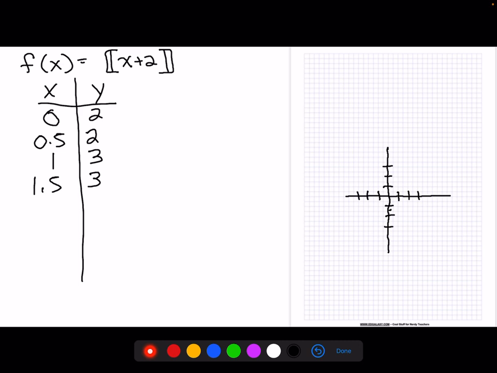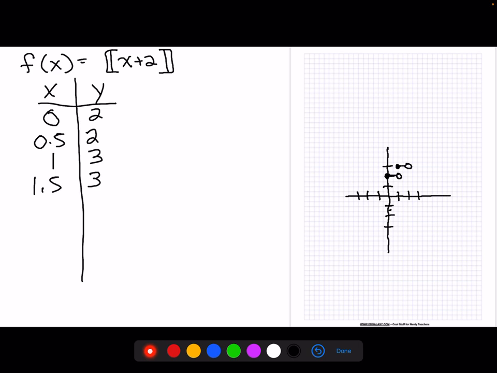So like at (0, 2), you can put a solid dot, and it doesn't change until you get to (1, 3). So from 0 to 1, you've got this nice solid little horizontal bit, and then it's an open dot at (1, 2), because at 1, you plug that in, you get 3 back. So then you've got this little stair step this way.